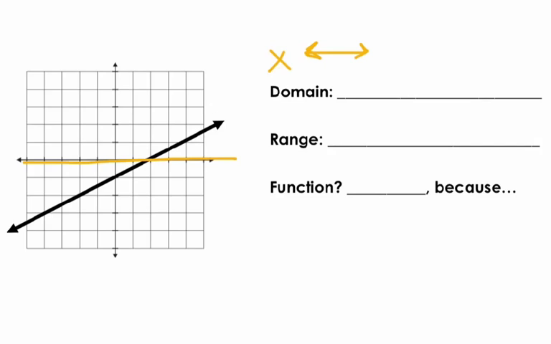It continues to go kind of infinitely. So for a domain, instead of using our inequality signs and finding a number, because it continues, we can say all real numbers.